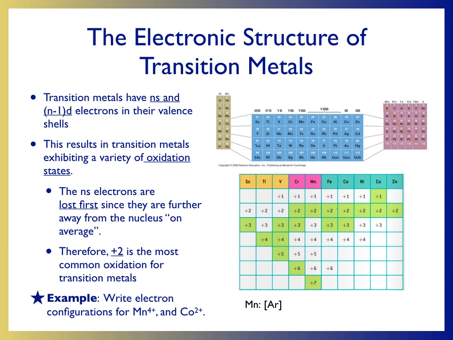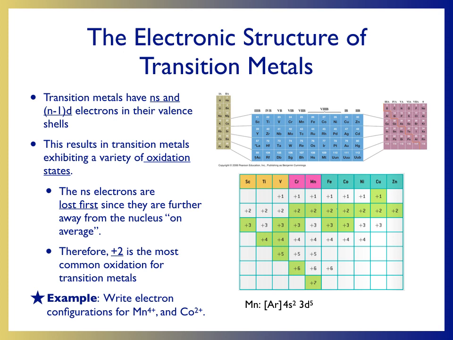Since manganese is in the fourth row of the periodic table, we start with 4s. We have to go through both of the s block elements in the fourth row to get to manganese. Therefore, we count 4s2 first. Then we need to go into the d block.